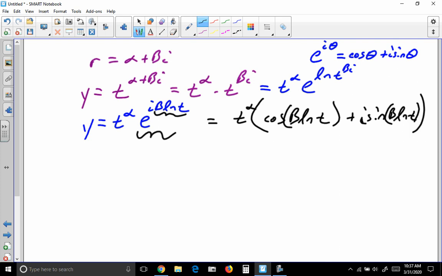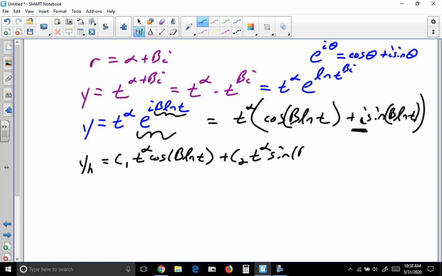And remember, we also have these unknown coefficients that go with it. So our homogeneous solution will be c1 t to the alpha cosine beta natural log t plus c2, the i is going to get engulfed into the unknown coefficient, so t to the alpha sine beta natural log t. So that's what happens if r is complex.